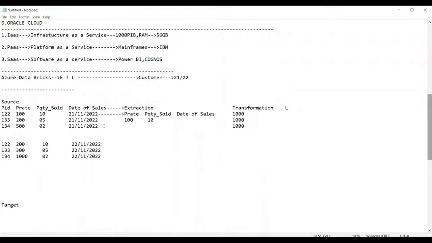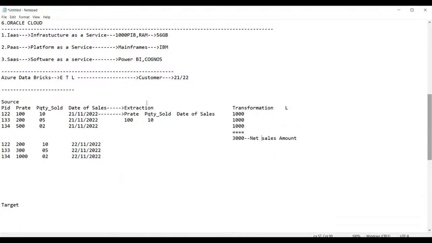What is the sum of these three? It is 3000. So 3000 is the net sales amount. Am I right, everyone?